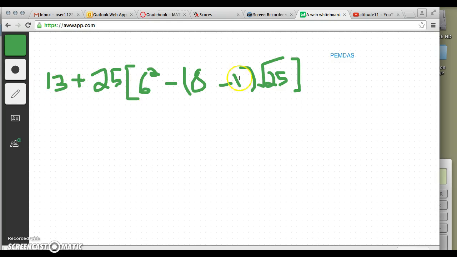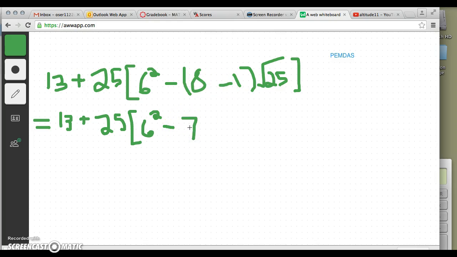All right, so this entire mathematical expression is equivalent to, I'm just going to have to rewrite some things to start out, 13 plus 25 times 6 squared minus. And now we reach our innermost grouping symbol, 8 minus 1.